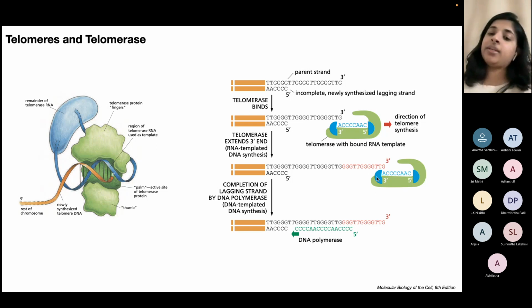Now again a primer can be added over here and DNA polymerase can finish up this region of chromosome that is essential. So this is how the length of chromosome is maintained, and this enzyme's structural configuration is also very interesting. It has an RNA present and the end of the DNA is taken up within this hollow structure, and here it can synthesize complementary bases.